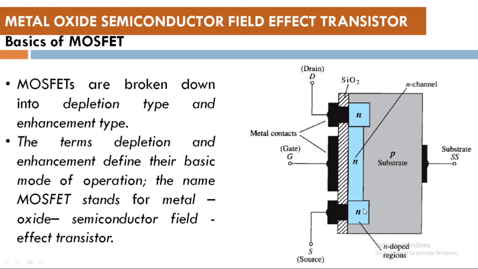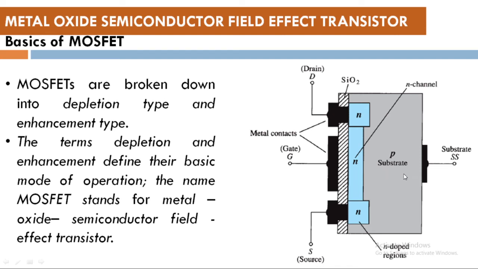Now an N channel MOSFET will basically have a substrate, that is the base, which will be of the opposite type of the channel that we are fabricating. If we are talking about N channel, then the opposite type is P type.